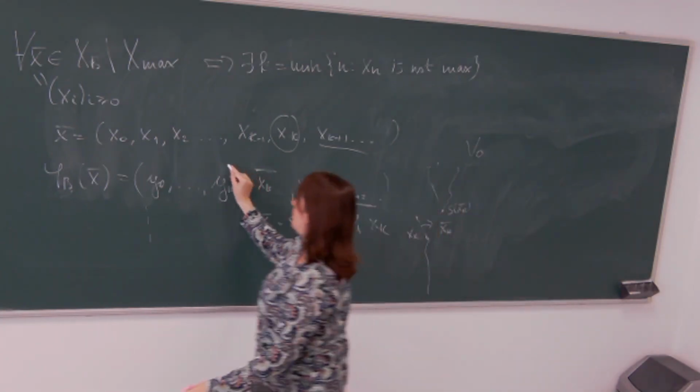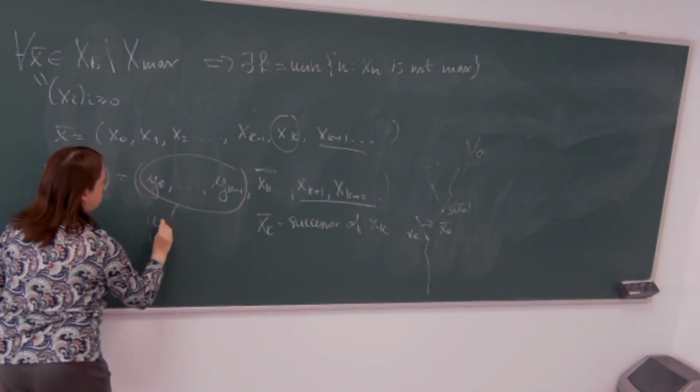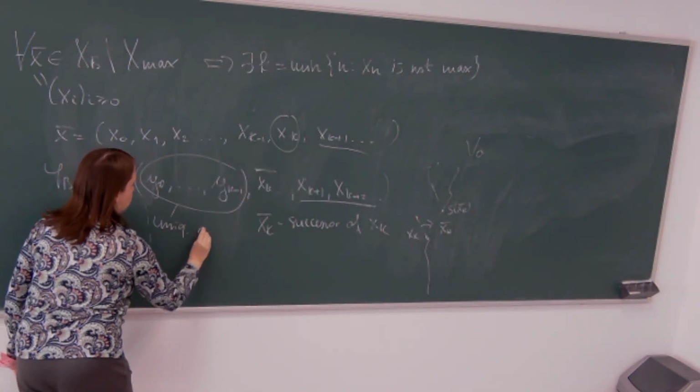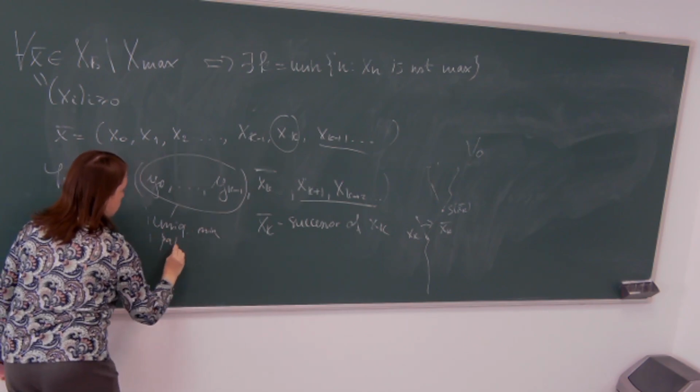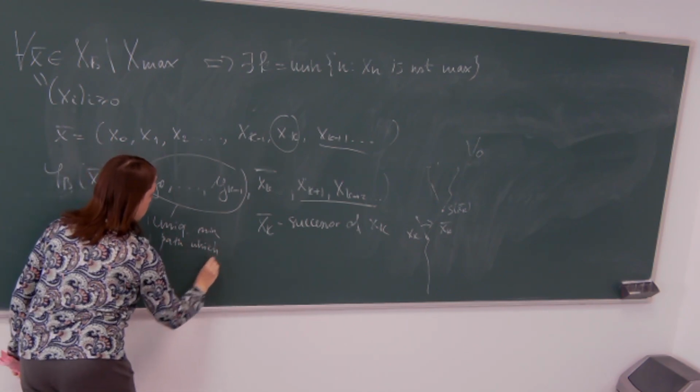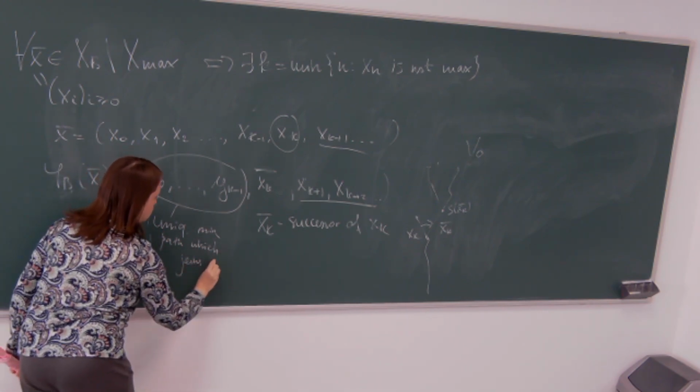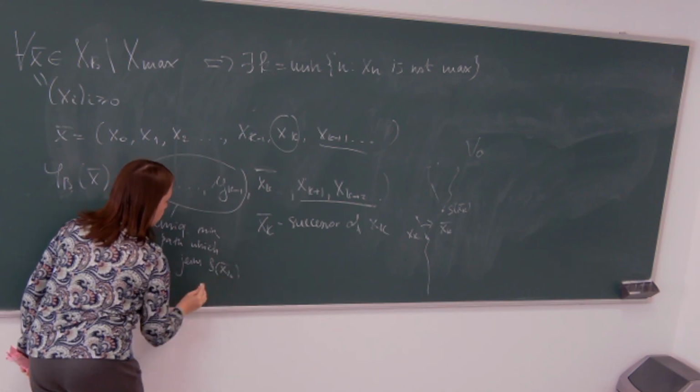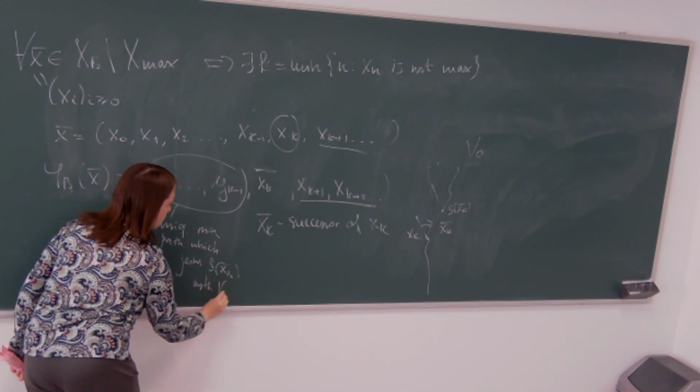This y_0 to y_k is the unique minimal path which joins the source of x_k with v0.